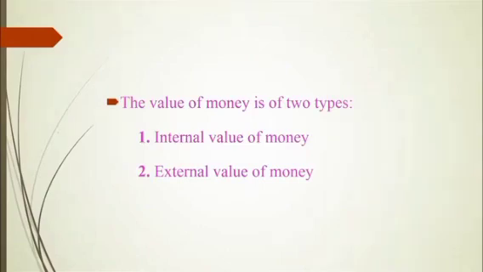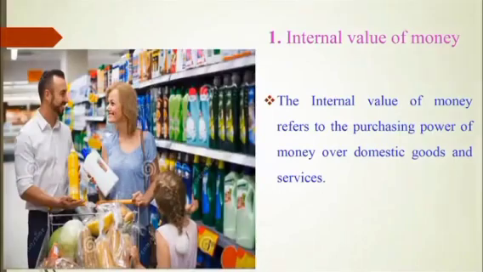The value of money is of two types. The first one is internal value of money and the second one is external value of money. The internal value of money refers to the purchasing power of money over domestic goods and services.